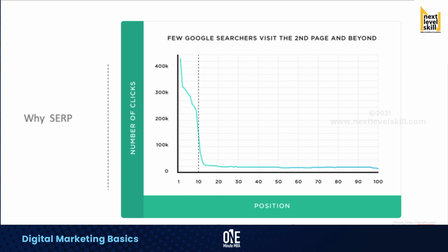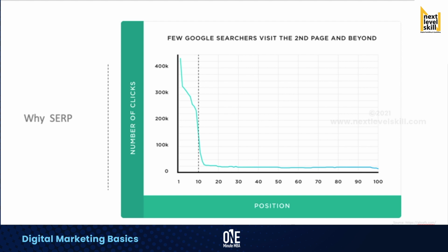Here comes the importance of search engine optimization. If our result is not coming in the first 5, definitely our business won't grow. This is why everyone wants to rank on the first page of Google. If you are on page 2 or beyond, you are practically invisible. No one will come and dig you up.